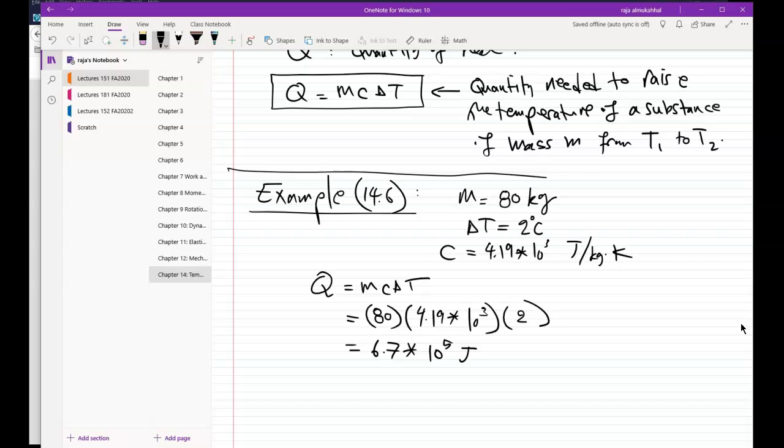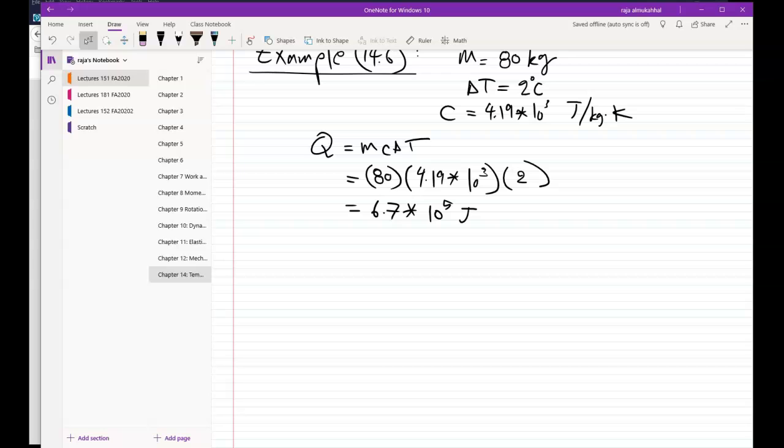Now, if I am curious to know this in calories, I go back to my conversion. All I need to do is put this over 1, and put the joule at the bottom because I want to eliminate it, and that's 1 cal, and 1 cal is equal to 4.186 joules. You just plug it in.